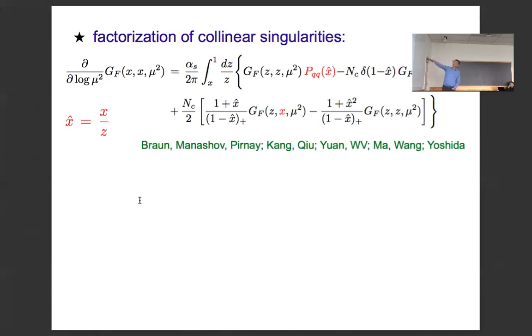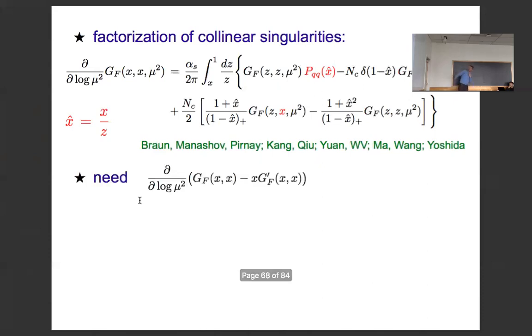And then there's a piece that looks a bit different. It has a type of splitting function here, but then it has separate arguments in the integrand, which means that the evolution equation is not completely closed because you need input for x not equal x2 in order to generate the evolution of x, x.